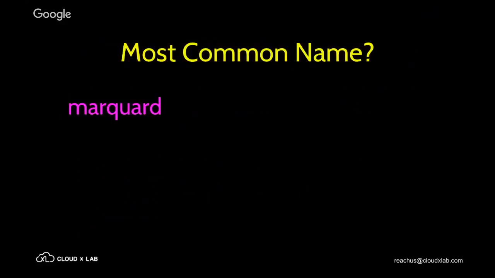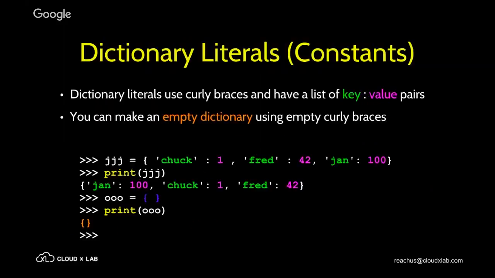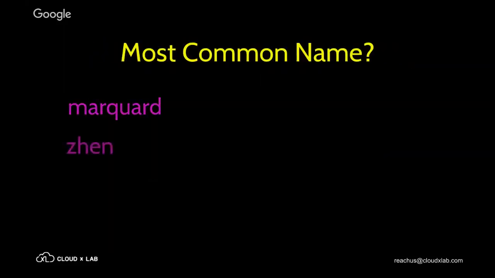Let's say we are trying to find out what is the most common name. Marquardt, Jen, CSAV, Jen again, and so many names are there. We want to find out which one is the most common name. Only one name is available at a time; we are not able to see all of the names together.